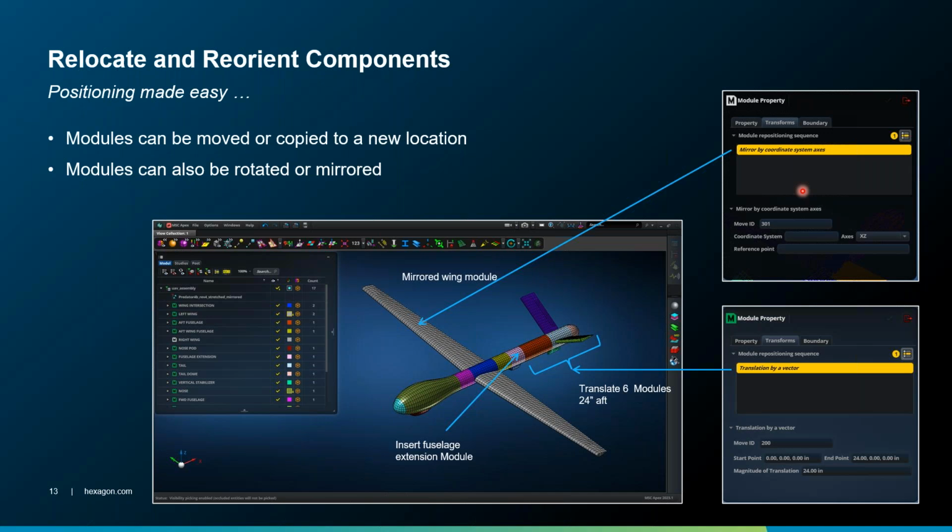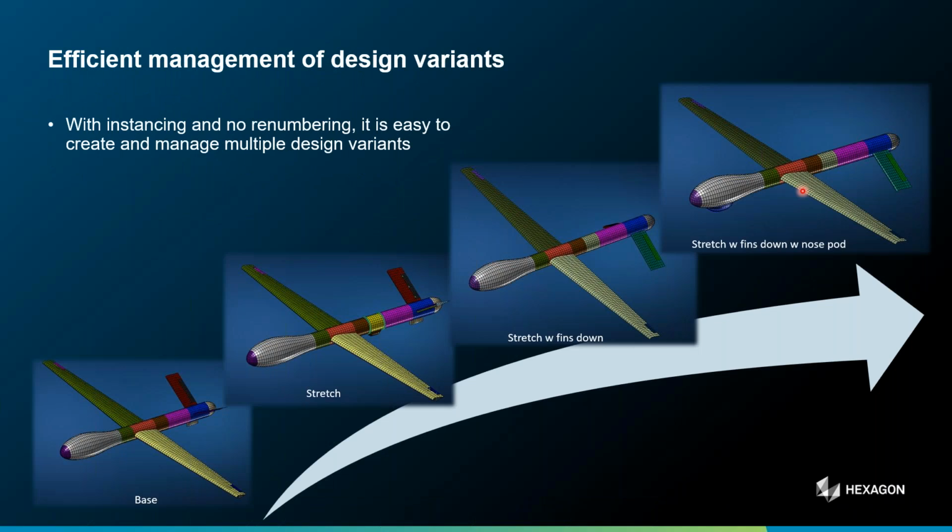They can also be rotated or mirrored. You're actually seeing some images from MSC Apex. We'll have a little bit more about that in a moment as well. All of the above, the non-unique node IDs, the fact that we can easily relocate and reposition, that leads to efficient management of design variants. So once again, with instancing and no renumbering, it's really easy to create and manage your design variants.